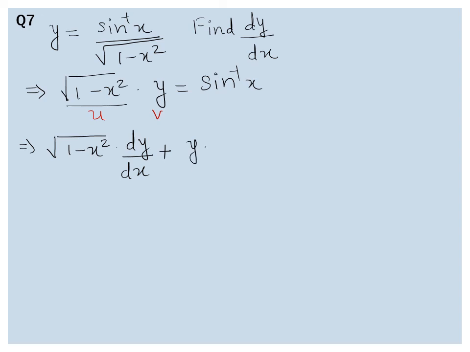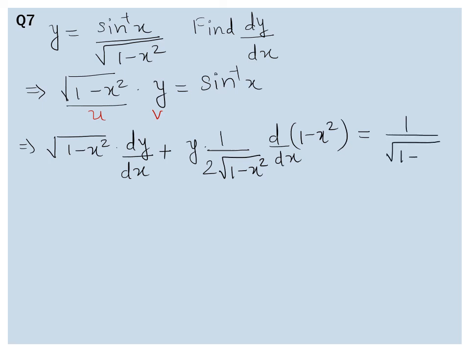Now here u is root of 1 minus x square, and therefore its derivative is 1 upon 2 root of 1 minus x square into the derivative of 1 minus x square. So at this step we are applying the chain rule, and this is equal to the derivative of sine inverse x with respect to x, which is 1 upon root of 1 minus x square.